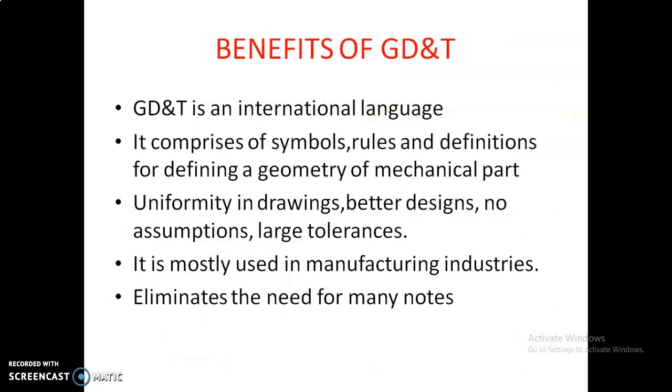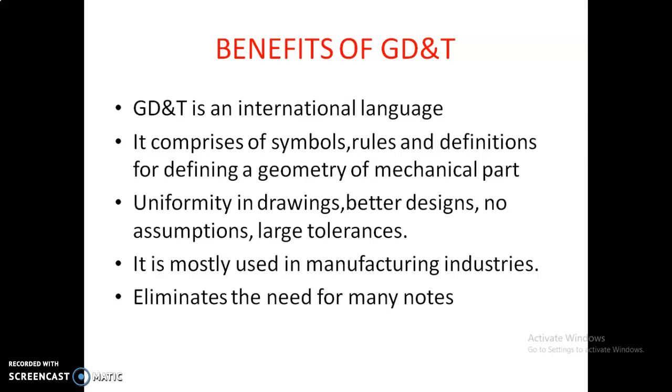Benefits of GD&T. GD&T is an international language. It means the symbols of GD&T are the same across different countries, and it comprises simple rules and definitions for defining the geometry of a mechanical part. With the help of GD&T symbols, we can easily identify the geometry in a drawing.